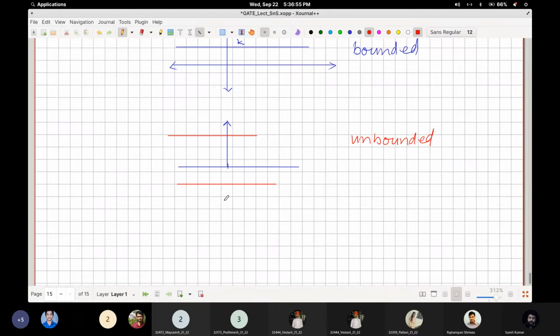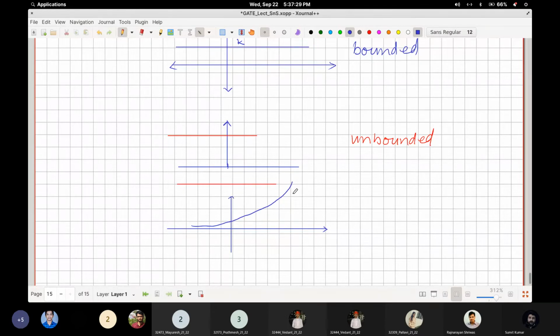Another example of an unbounded signal is e to the power t. e to the power t को आप अगर ड्रॉ करें तो वो क्या होता है? ऐसे जाते रहता है. Sorry, I have drawn it kind of like a line. Let me draw it properly. So we have this signal e^t, which is like this, and you can see that this signal is growing unboundedly, right?